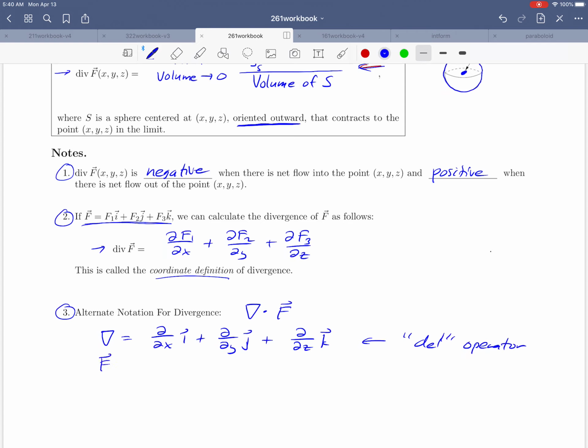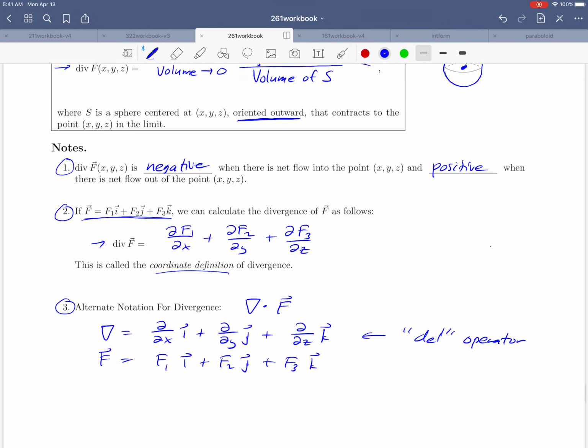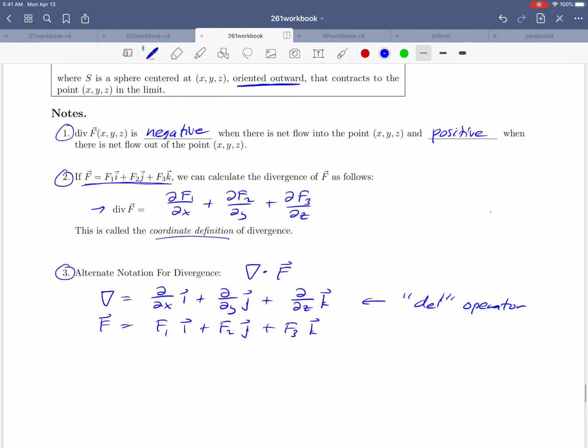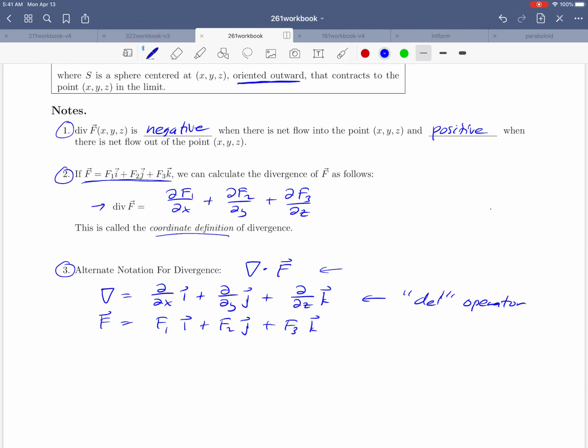And then f, of course, is just our vector field, with the three components. So what would del dot f mean? Remember how you ordinarily take the dot product of two vectors: you take the corresponding components and multiply them together. In this case, it's not exactly multiplication, it's more an application of the derivative to the components of the vector field.